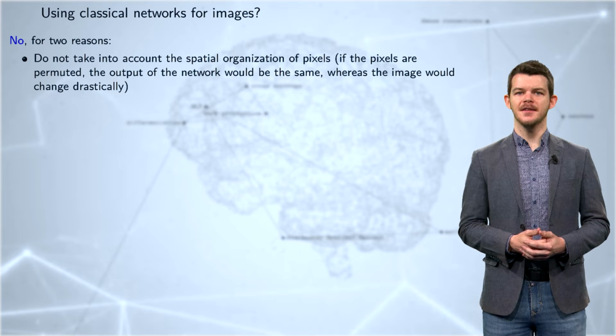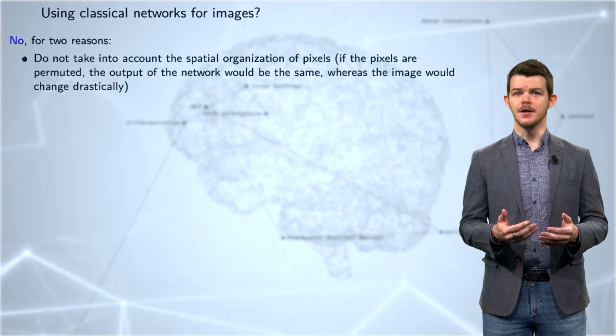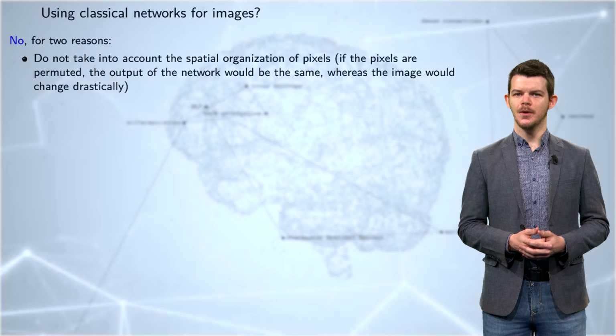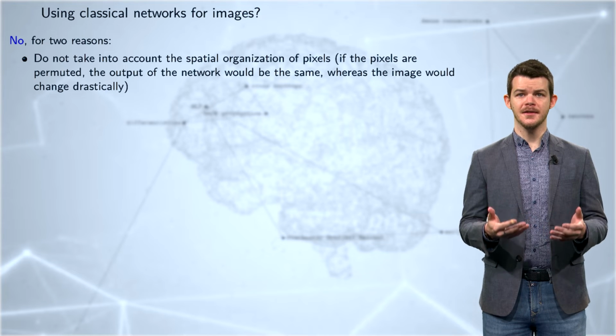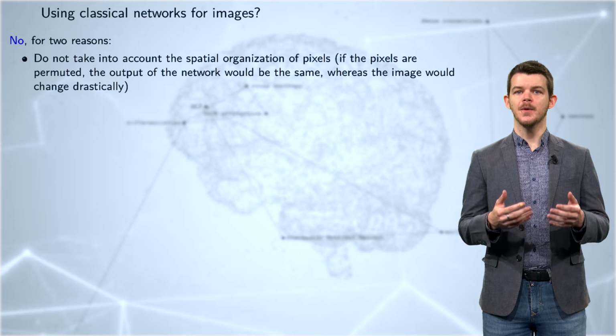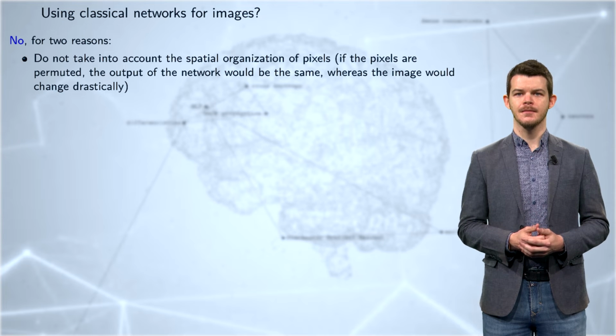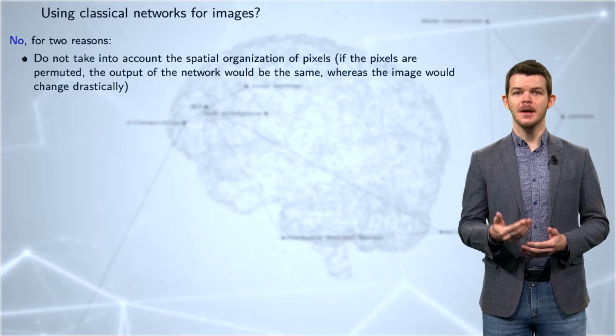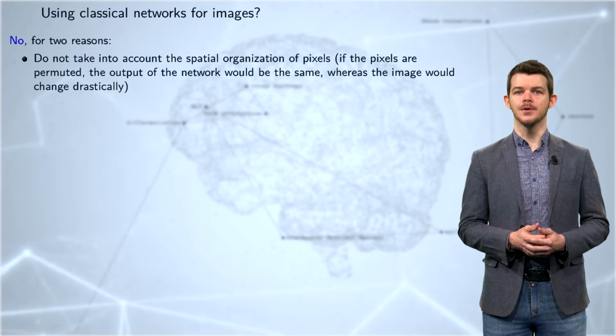Indeed, the order of the pixels and their neighborhoods are really important to understand the content of the image. With classical neural networks, the order of the variables, the pixels, of the dataset is irrelevant to predict, whereas it corresponds to different images. When dealing with images, we want to take into account the fact that the variables are associated with a natural order that we must respect to predict correctly.